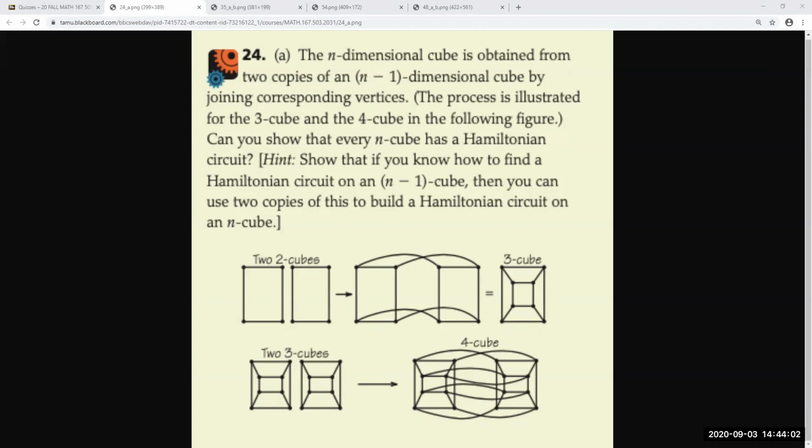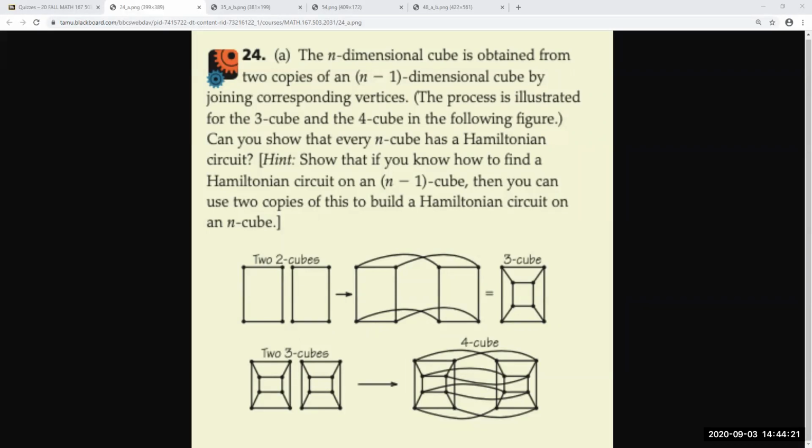So that's the three-dimensional cube, and so on. For example, you can definitely find the Hamiltonian circuit for an edge, just going here and going back to here, right? That's your circuit.